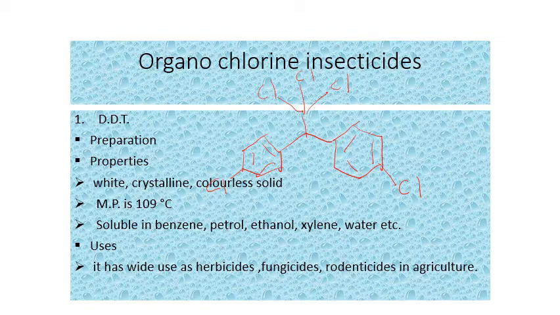However, its decomposition starts above 195 degrees Celsius. Then uses: it has a wide use as insecticide in agriculture. It is highly potent and kills a wide range of insects by both contact and ingestion. It has little smell and does not taint food.